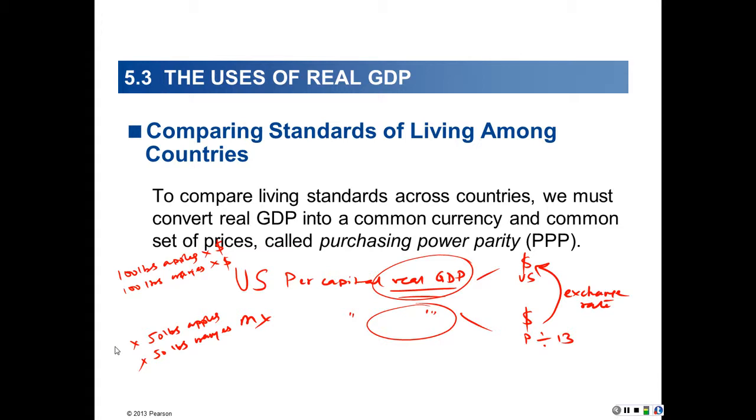But instead of doing that, economists argue that the better thing to do is to use the same prices as in the States. We use US prices, in other words. Now, when you do that, you arrive at something that's more comparable. You see, otherwise, the Mexican number is going to be a little too small.